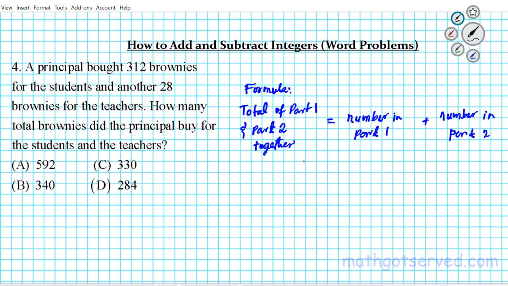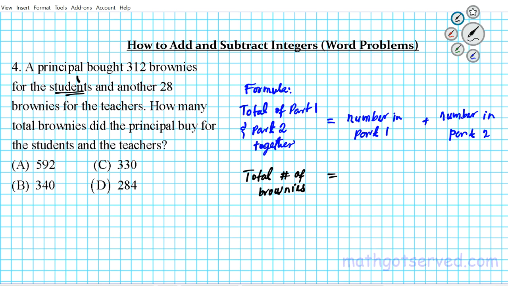So in this particular case, what are we looking at? Brownies. So let's adapt this formula to the scenario that we're looking at. The total number of brownies is going to be the number of brownies in part 1. What is part 1? Students.